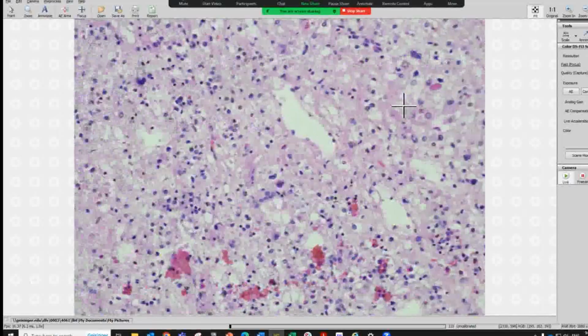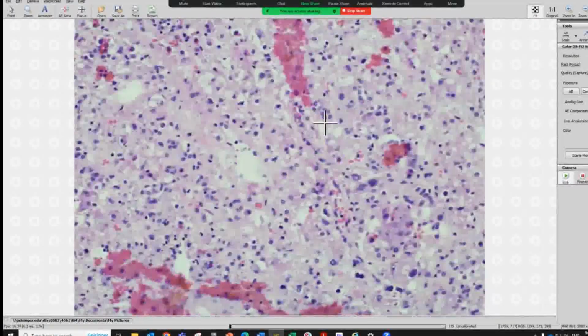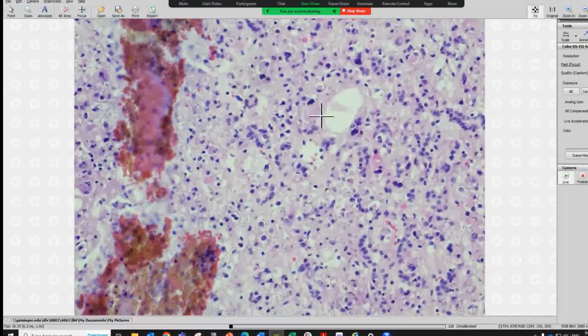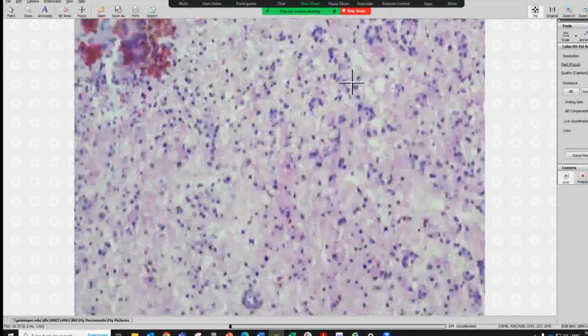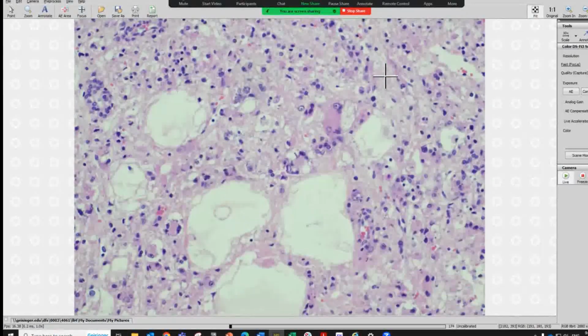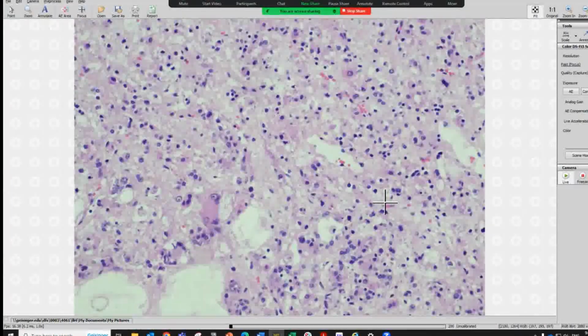Yeah, here we can see the vessel, kind of dilated. You can see the cells are really pleomorphic here. It's really rare to see RCC have this kind of pleomorphic nuclear feature. This vessel is thickened, and then there are some cells trying to hug around it, bubbly cells with clear cytoplasm, especially like this one.